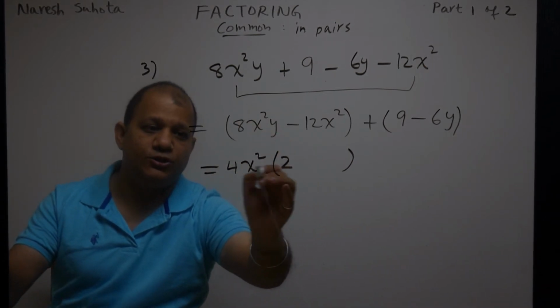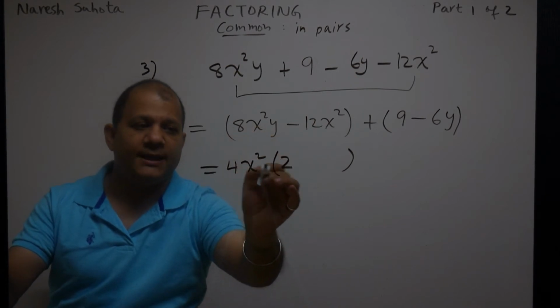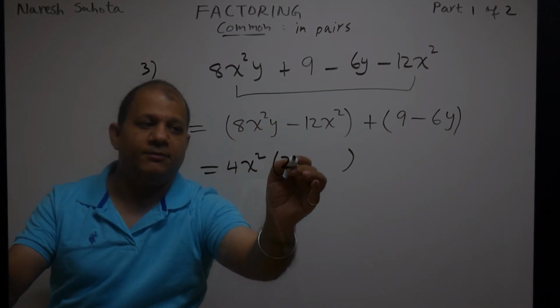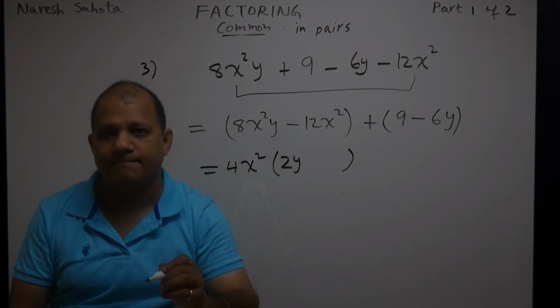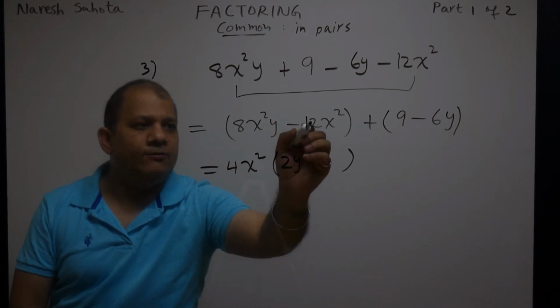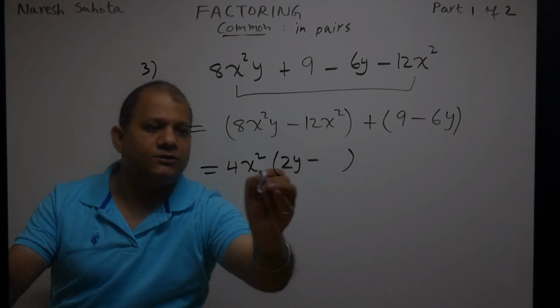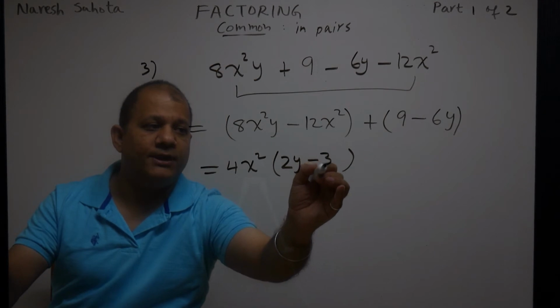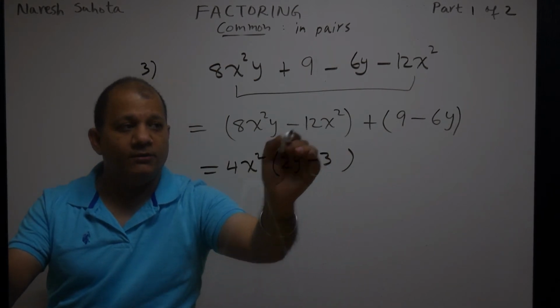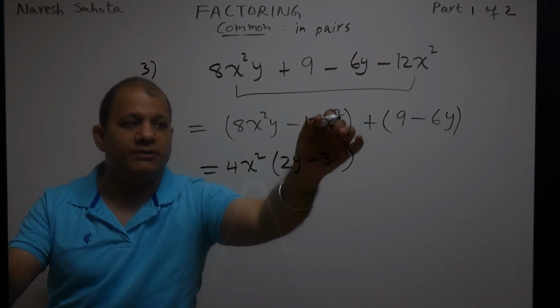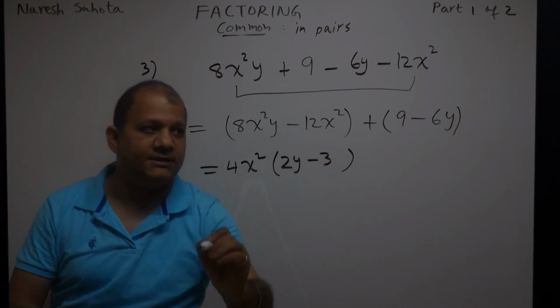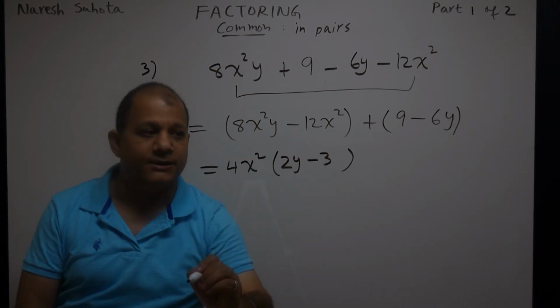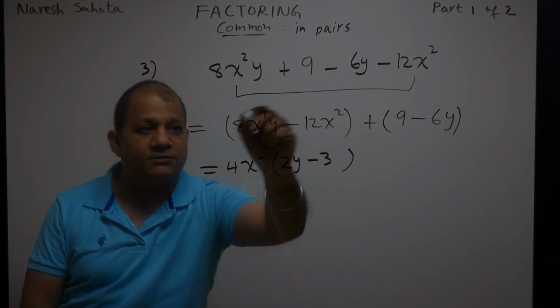So 4 times 2 gives me 8. X squared is already there, and I'm missing a factor of y. Okay. Now from here, so minus, so 4 times negative 3 will give me 12, and then x squared is already there, so the missing factor there is minus 3.